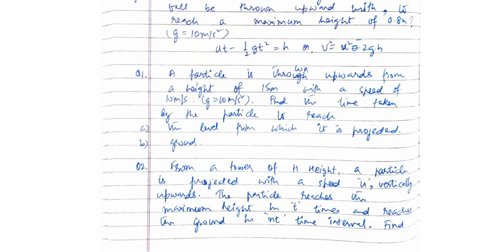So in t time it reaches that highest point, and reaches the ground in n into t time interval. That means it has come back to the ground, not the point of projection but the ground, in n into t time interval.